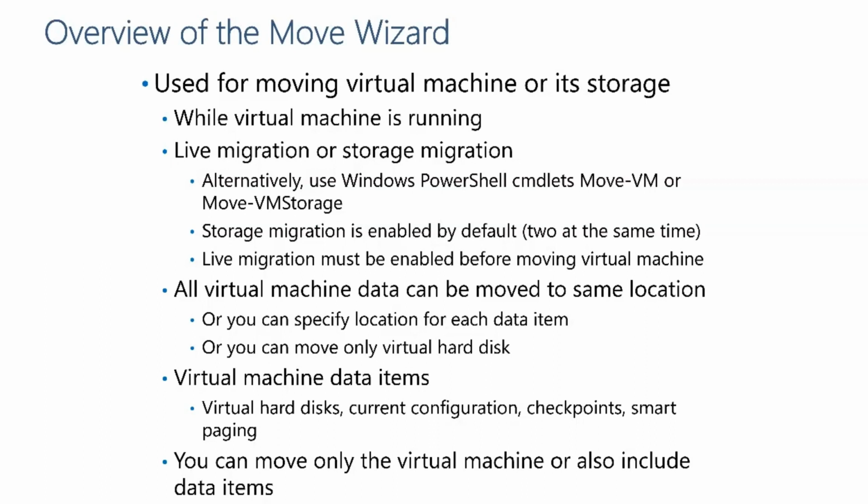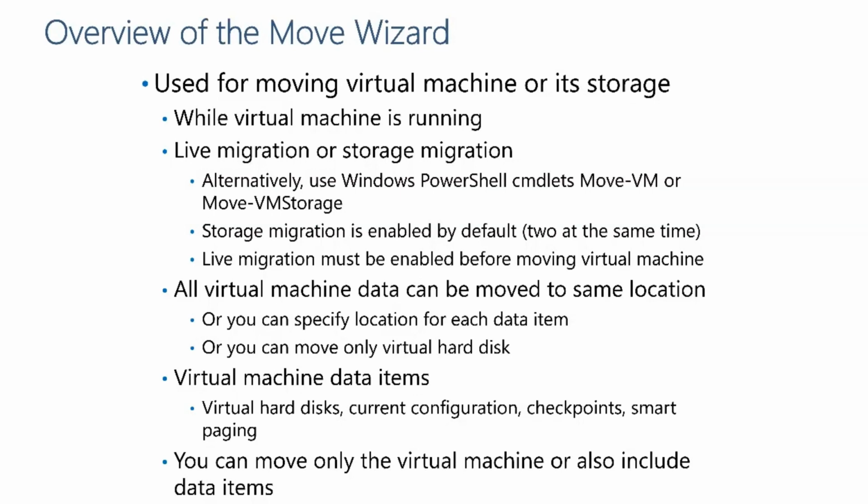As you can see and tell, the virtual hard disks are very big. So if you move more than two, as you know with copying files, if you're copying multiple files at the same time, it's very slow, isn't it? Whereas if you copy one file at a time, it's a lot faster than doing multiple copies at the same time. So it's limited to two at a time.